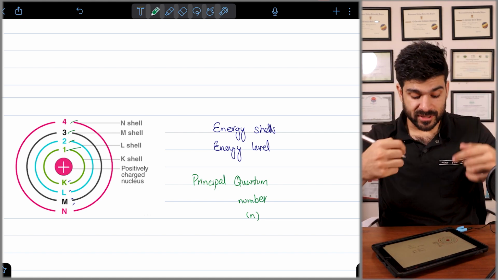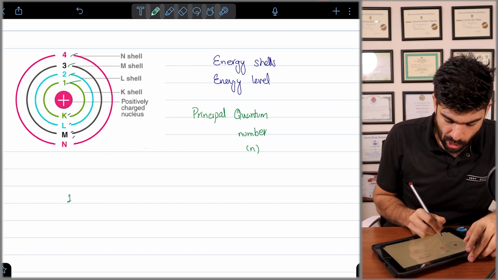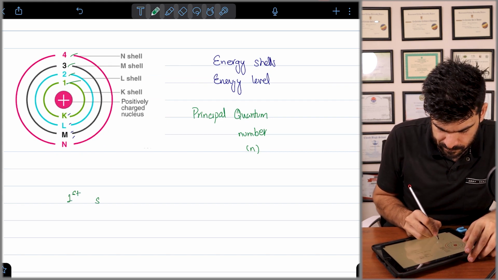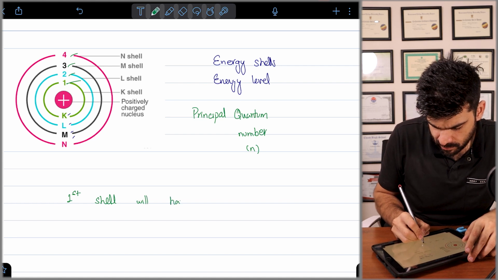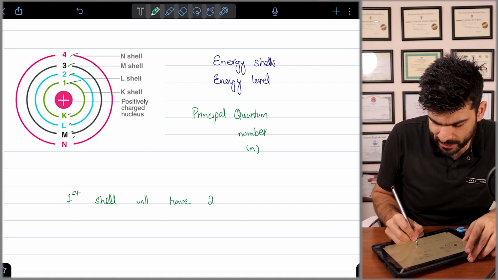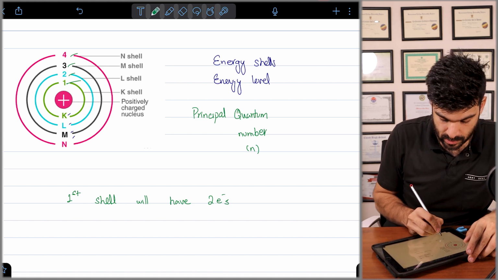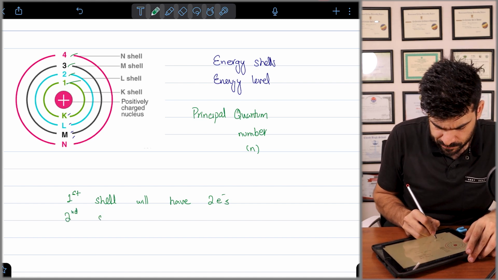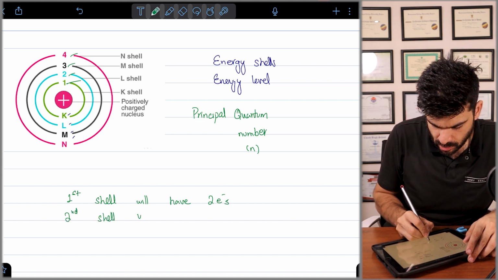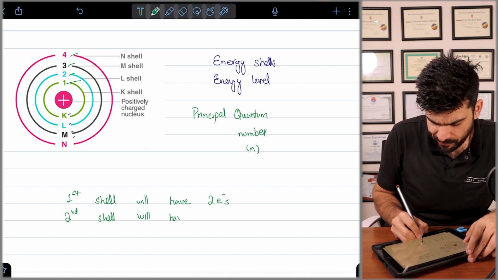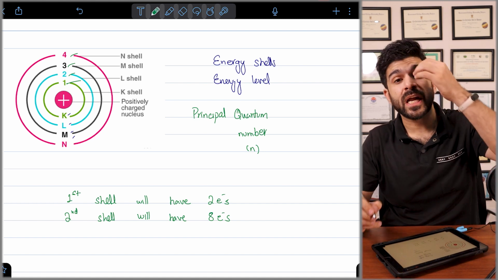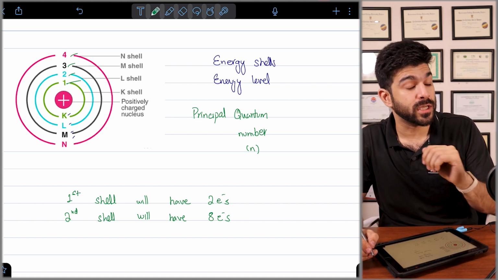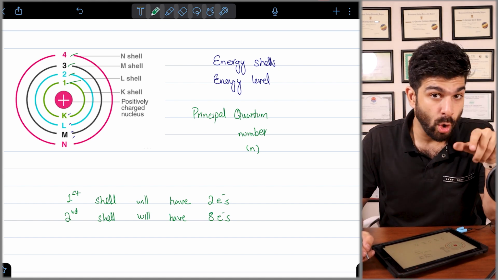Remember from the previous concepts, first shell will have 2 electrons. Second shell will have 8 electrons. And you had studied till the first 20 elements in your O-levels.